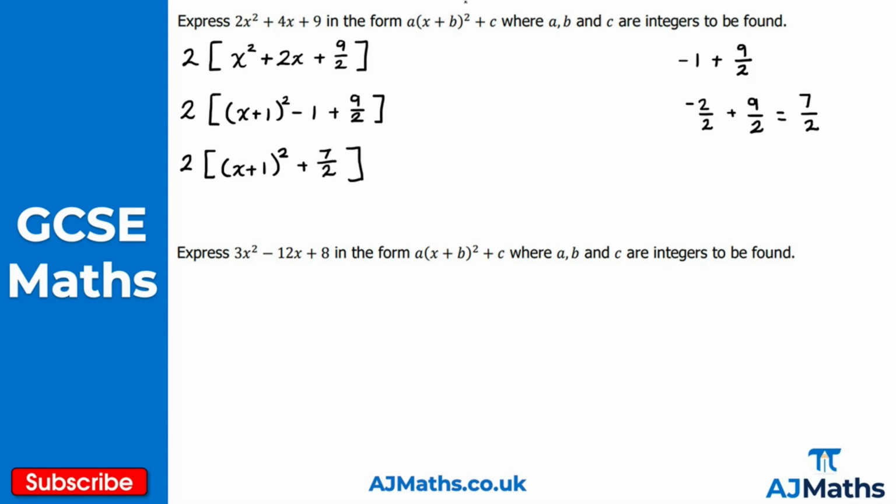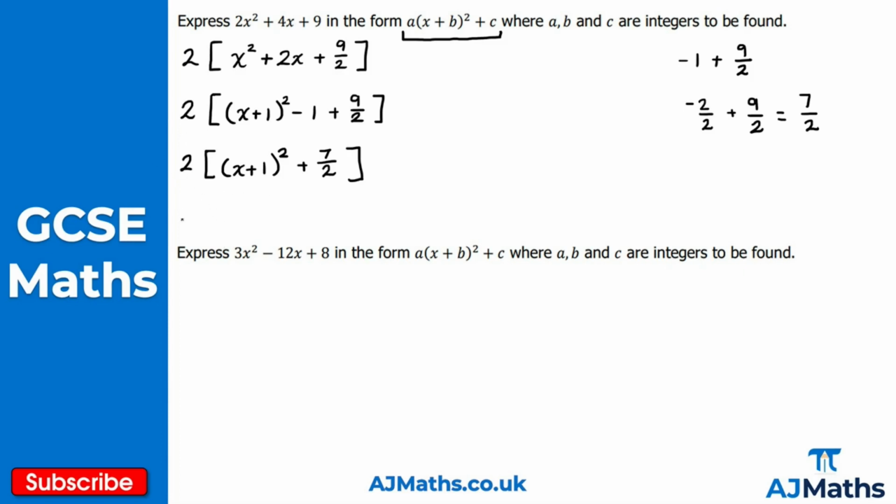Now, if we look at the form that we're asked to present this in, this is completed square form, but the issue is that this form is a times x plus b all squared plus c. At this point we're not quite in the correct form, but we can get there by multiplying through by the coefficient we took out before, this 2.